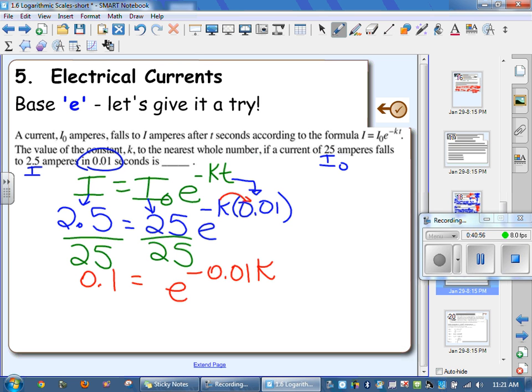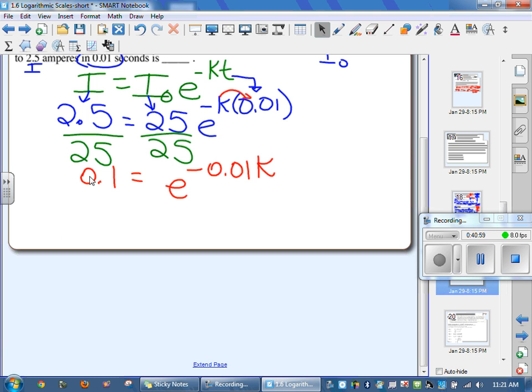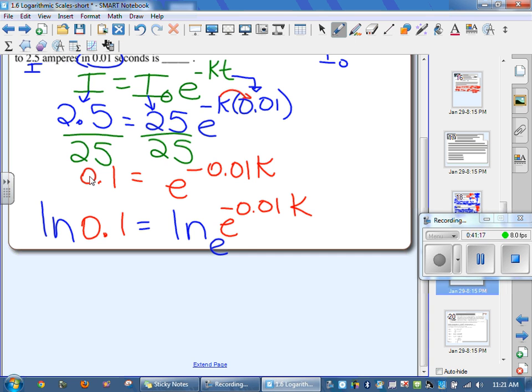You don't have to show the e because it's hiding. With this, base e and ln disappear. So now we get negative 0.01 k is equal to ln 0.1.